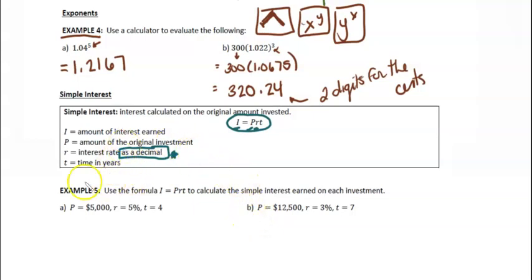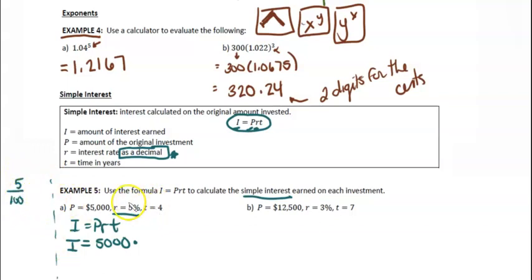So, example 5, use the formula I equals PRT to calculate the simple interest earned on each investment. Okay, if we're calculating the simple interest, we want to put the I here because that's what we're solving for. Okay, for A, the principal is 5,000. Now, times R is 5%. I'm going to go to the side of my paper and I'm going to put 5 over 100. I know that I cannot use a percentage in a calculation.